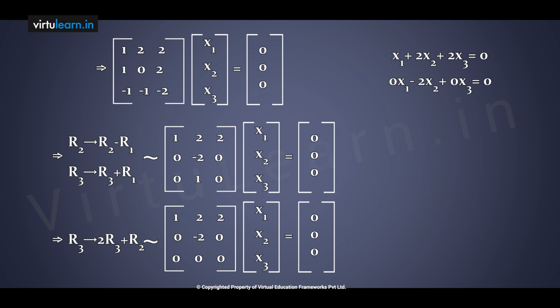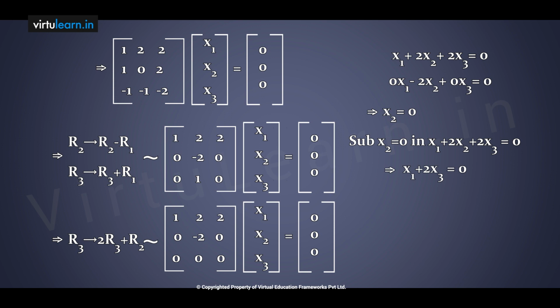From the second equation, minus 2x2 equal to 0 means x2 equal to 0. You substitute this value in the first equation, and it becomes x1 plus 2x3 equal to 0.